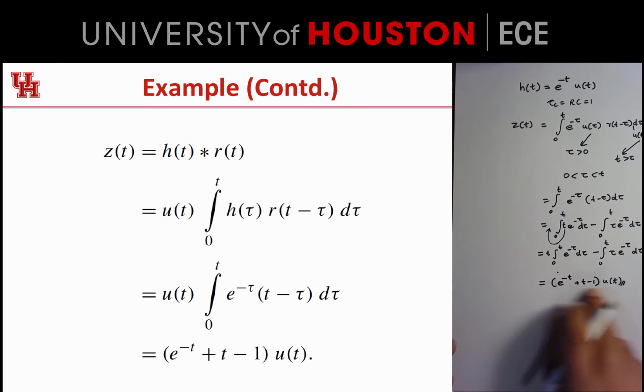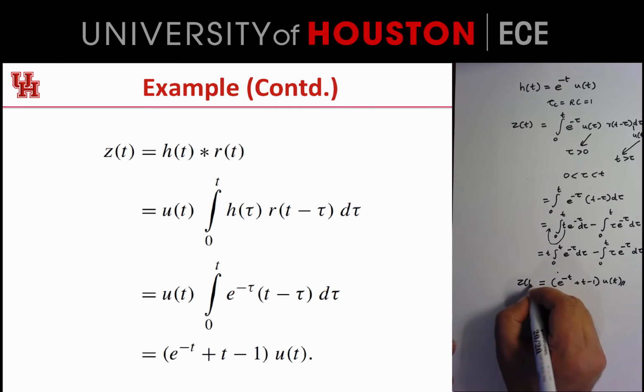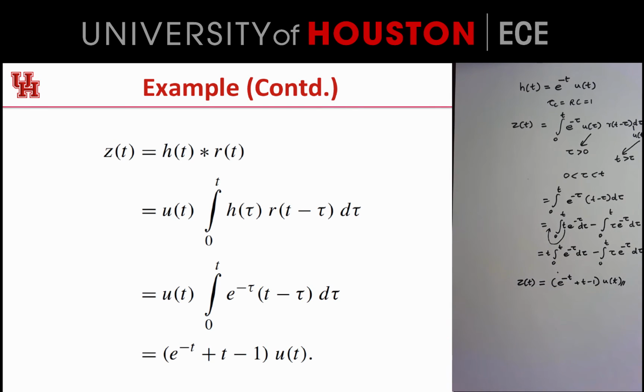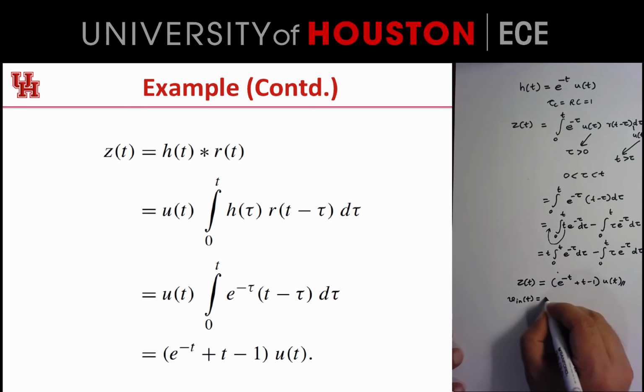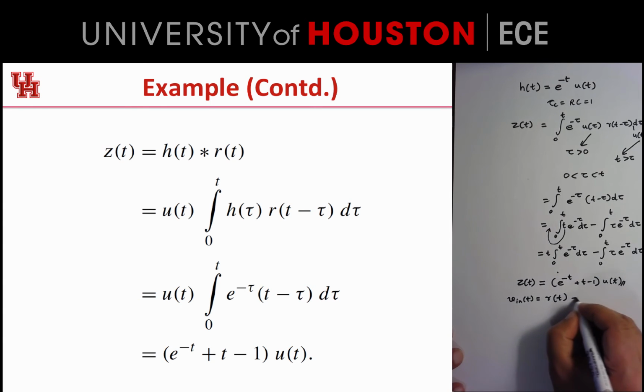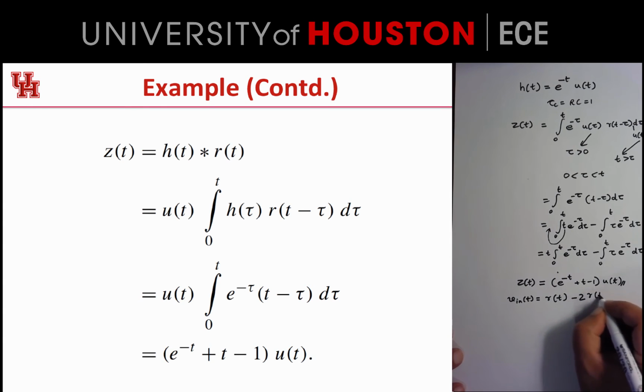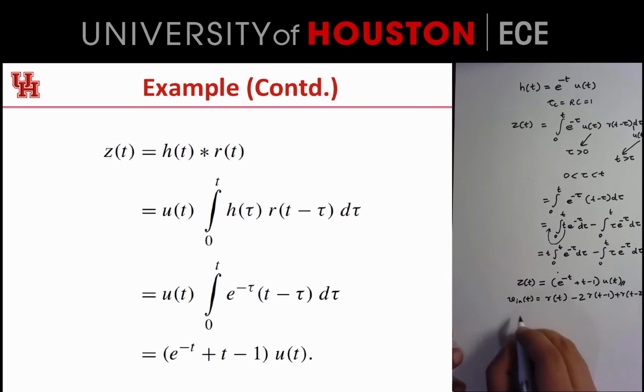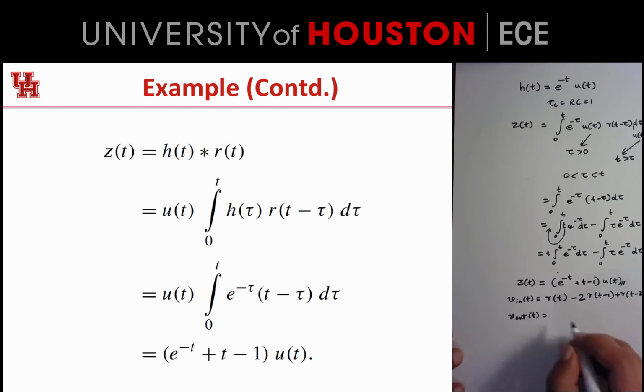So once you have the z of t like this, you can stick it into the other formula. Remember, our v input of t is r of t minus 2 r of t minus 1 plus r of t minus 2. So my v output of t is going to be h of t convolved with v input of t.